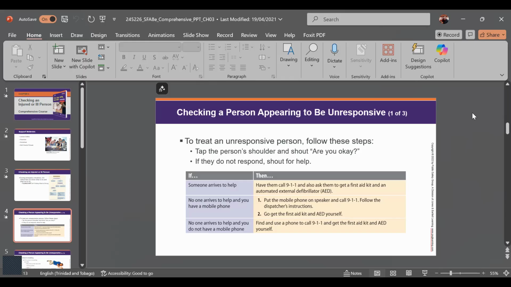Let me ask you this question. If the dispatcher, while telling you to turn the person in a particular position, says something and you didn't hear the entire statement clearly, what would you do? Somebody tell me.